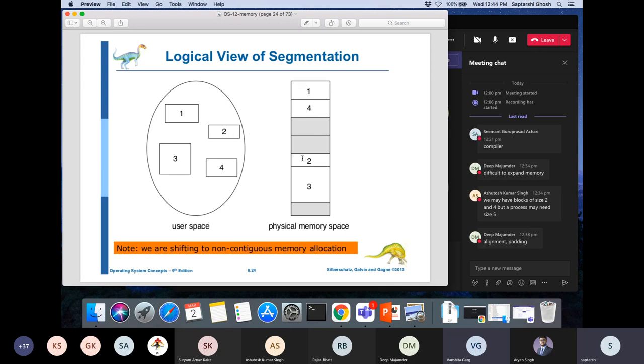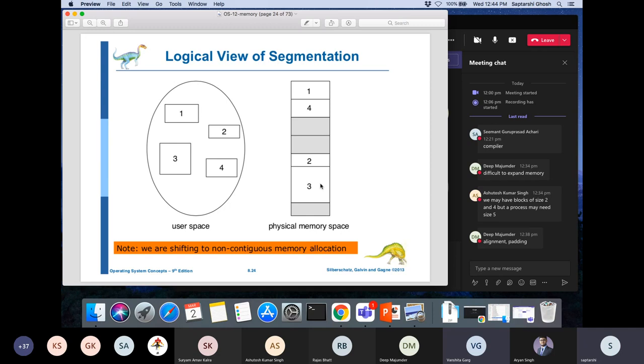Segment 2 is not contiguous, it is mapped here, and so on. So there are 4 segments in the user's view of the program, and all those 4 segments have been mapped to the physical memory, but in a non-contiguous way. Okay. This scheme has an advantage, if we can implement it: the user space will still look contiguous. Okay, but physically it won't be contiguous anymore.